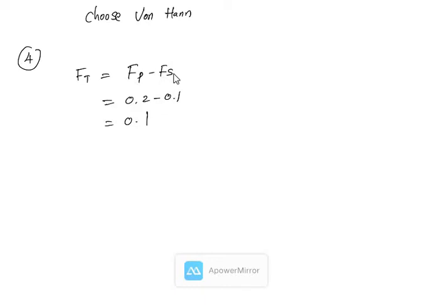Why? This is because it doesn't matter whether it is Fp minus Fs or Fs minus Fp. The most important thing is the higher number minus the smaller number, so you will get a positive value. In this case, the pass band has a higher number and the stop band a lower number, so you get the positive value, 0.1.